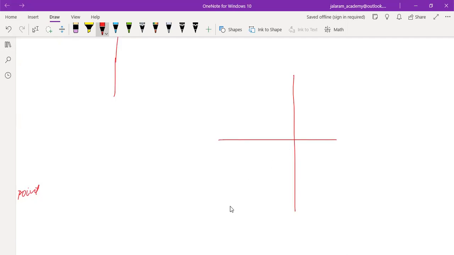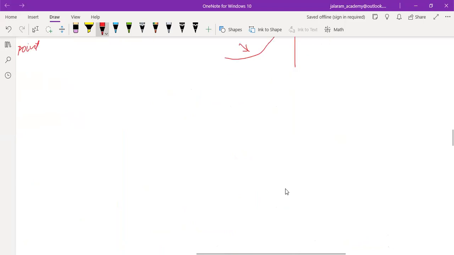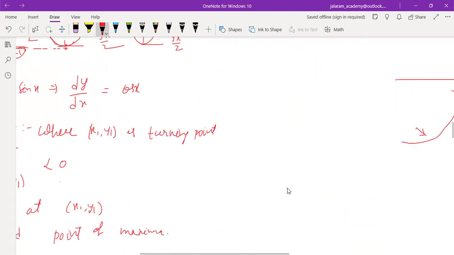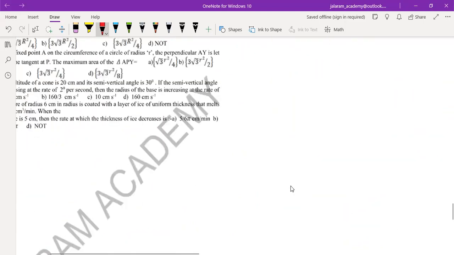Like in this curve, it goes towards infinity. At this point it is changing from concave to convex, so this point is the point of inflection. At this point also dy by dx becomes 0, but d2y by dx square also becomes 0. Like in this example, which is the first question of our assignment.